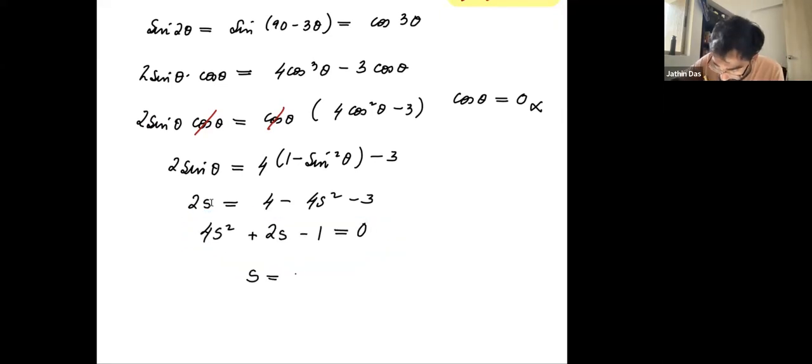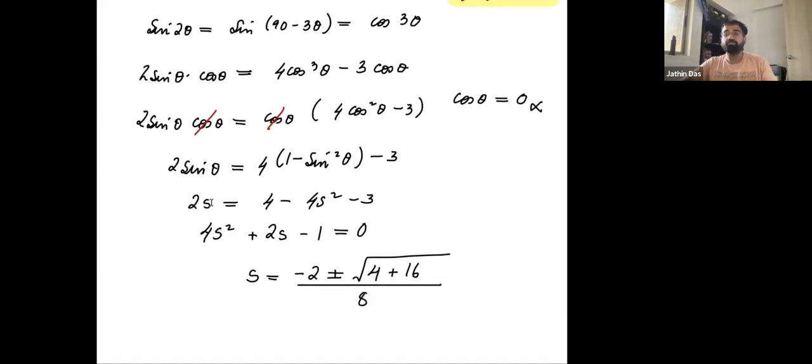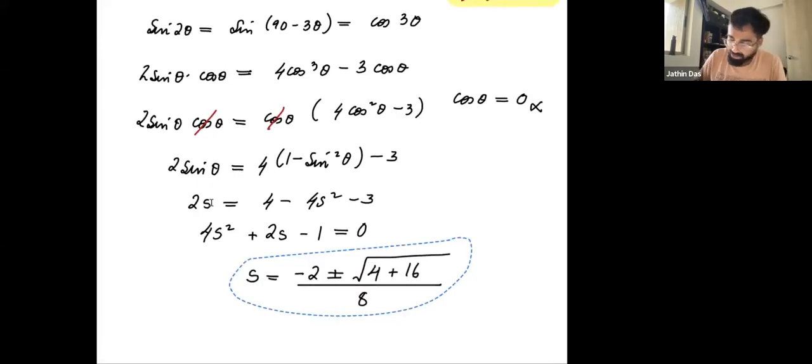S is equal to minus 2 plus or minus root of B square minus 4AC. So again plus 16 will come, divided by 2A, 8 will come. Correct?